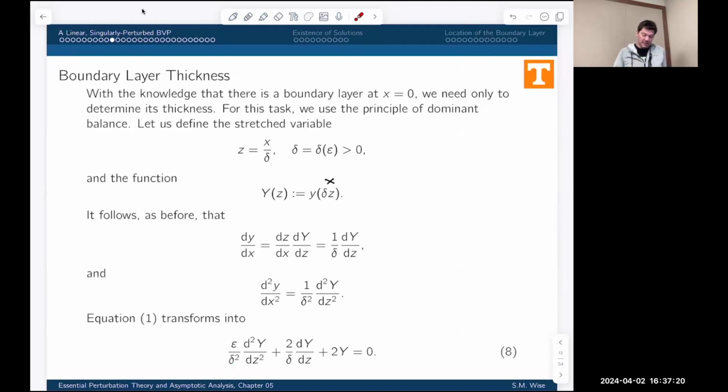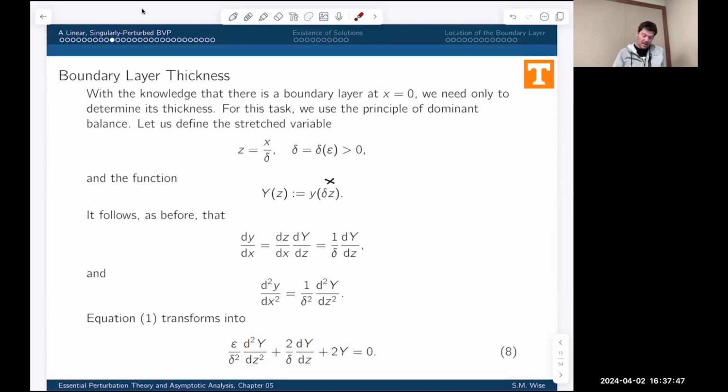Here's the idea of dominant balance. We're going to assume that y and both of its derivatives, the first and second order derivatives, are order 1 when expressed in the proper inner variable. In other words, when we've chosen the proper stretching parameter delta, these are going to experience order 1 change in the boundary layer.